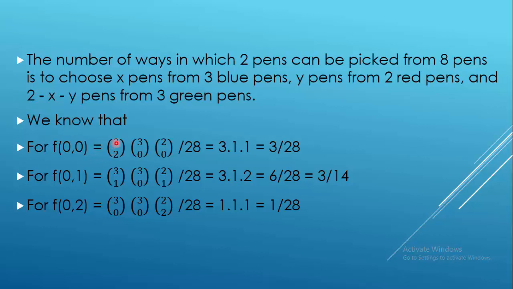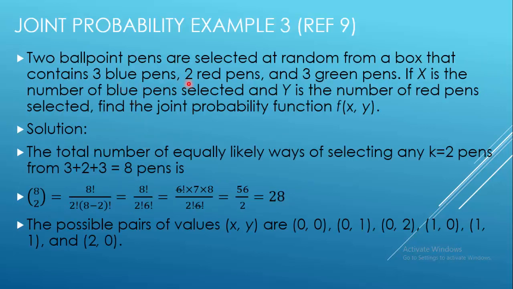So 3, and the binomial coefficient n k, where n is equal to 3 and k is equal to 0, because we have got 3 blue ball pens and 2 red pens.